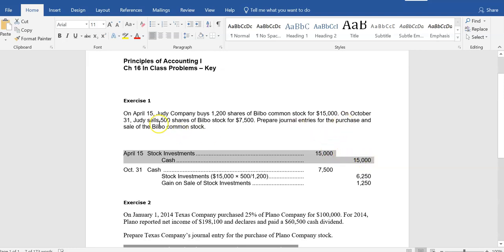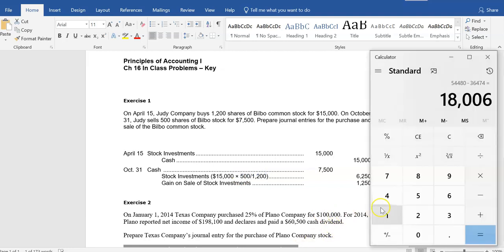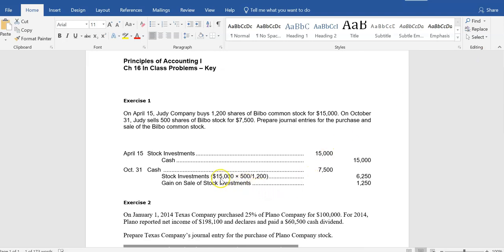On October 31st, Judy sells a portion of that investment. Judy only sold 500 of the 1,200 shares, or 500 divided by 1,200, or roughly 42% of that investment. That means that when we decrease the asset for being sold, we don't take the entire $15,000 out, we only take the portion that was sold.